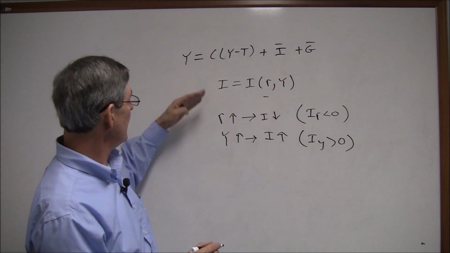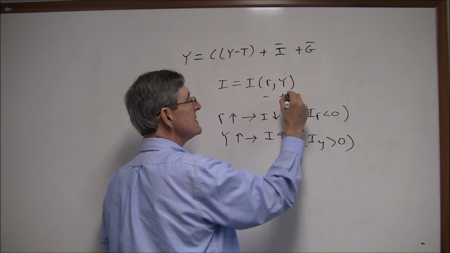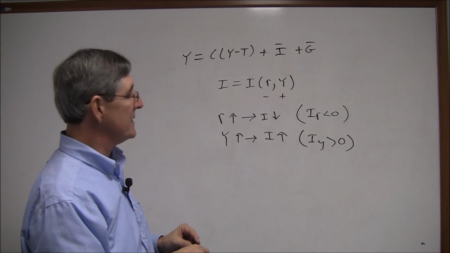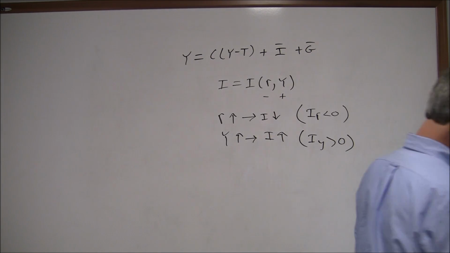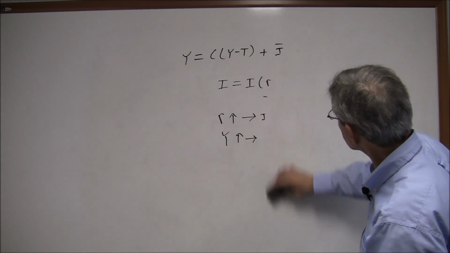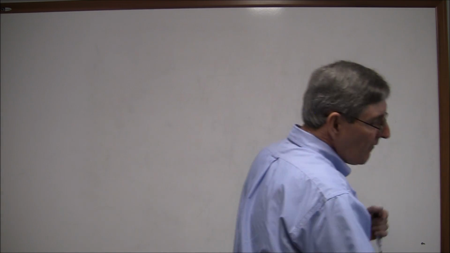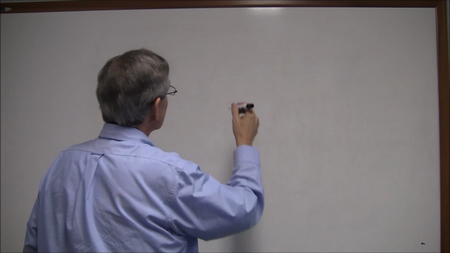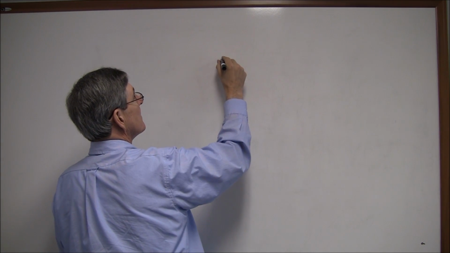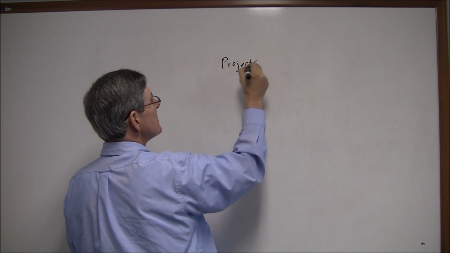Okay, now let me explain this a little more. Why is this negative and why is this a positive relationship? So let's talk about the relationship between investment and the interest rate first. So let's just think of a single firm. All firms would be doing something similar. Let's take and look at a bunch of potential investment projects.